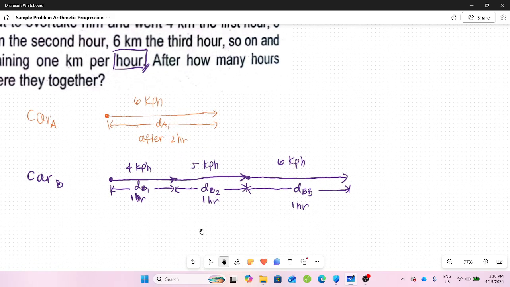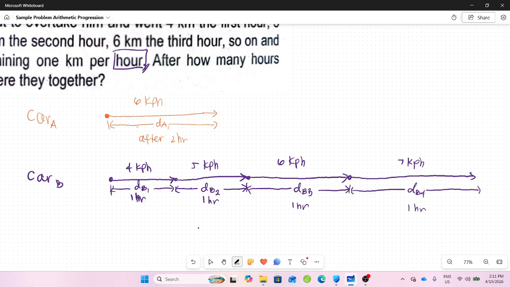After another hour, its speed increases by 1, so this becomes 7 kilometers per hour, and there will be another corresponding distance, dB4, after 1 hour.